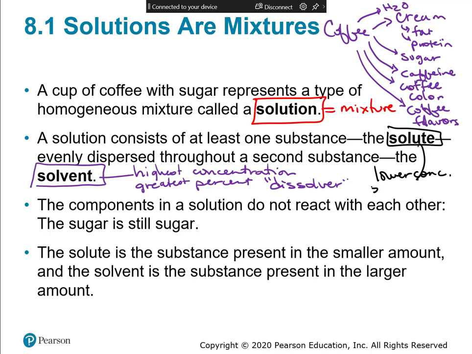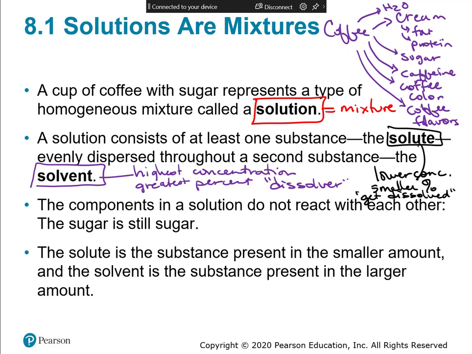They're always a smaller percentage. I always think of solutes, they are what get dissolved. So in that example, I have a whole lot.